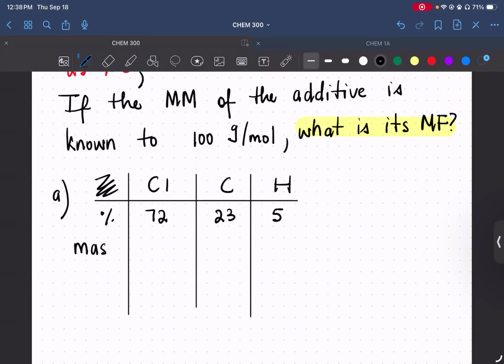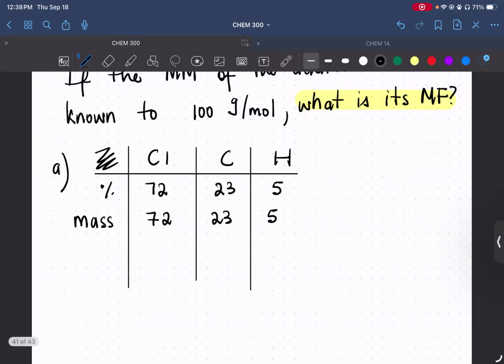We can then assume the mass to be the exact same, 72, 23, and 5. Then we can get the number of moles. Chlorine is 72 divided by 36. Carbon is 23 divided by 12. Hydrogen is 5 divided by 1.